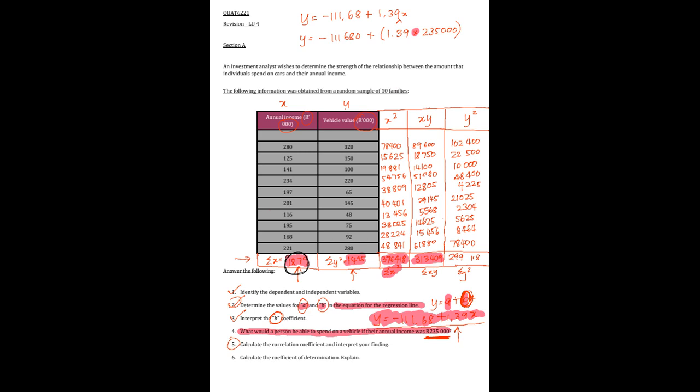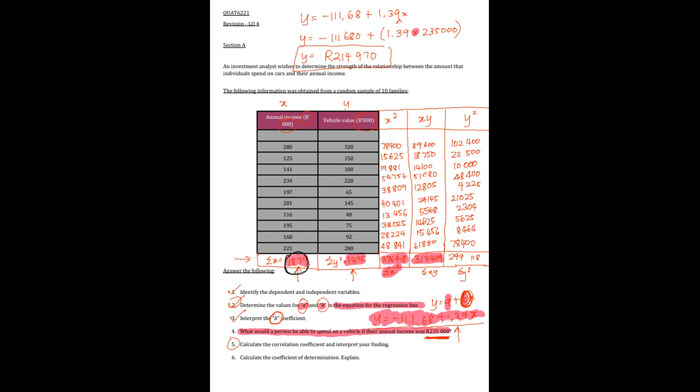calculate this answer, and it tells you that y is equal to 214,970. So that tells you that if the annual income is 235,000 Rand, then you can purchase a vehicle that is worth 214,970 Rand.